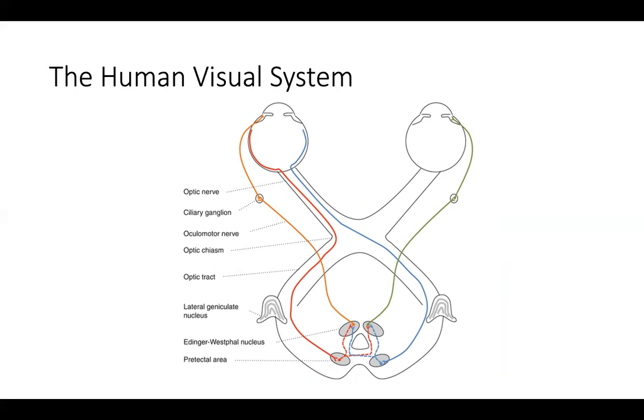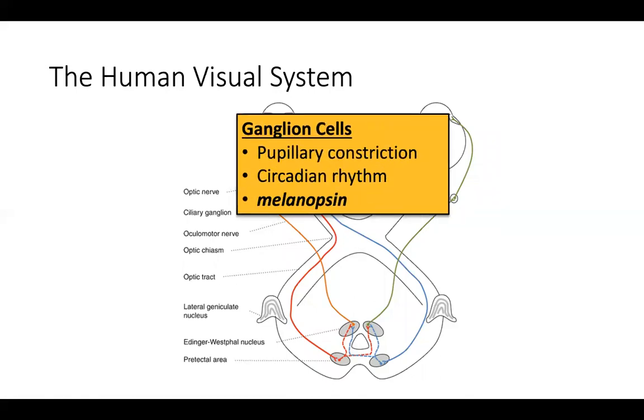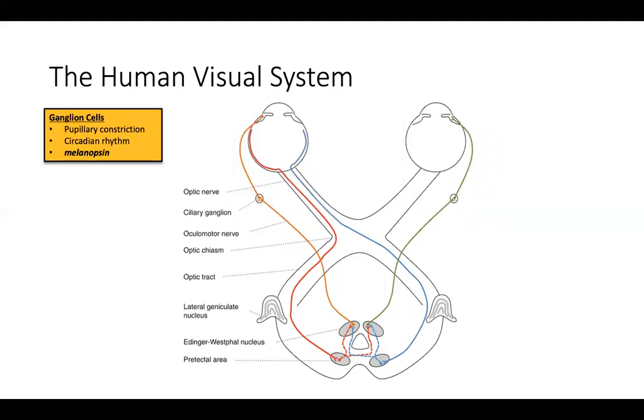Although the lateral geniculate body is the main target of the retina, separate classes of ganglion cells project to other subcortical visual nuclei for different functions. Ganglion cells that mediate pupillary constriction and circadian rhythms are light sensitive owing to a novel visual pigment, melanopsin.